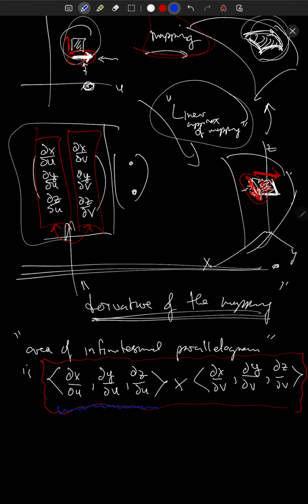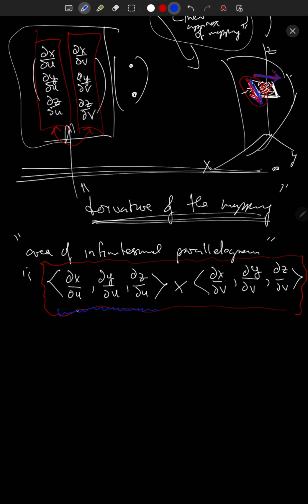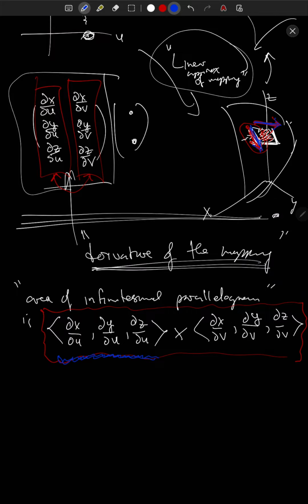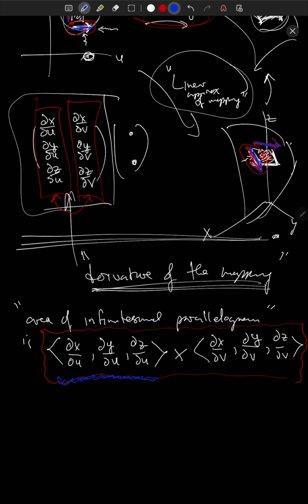What we're doing is pushing a path in the u direction to a path down here in xyz, and the other one is a path in the v direction to a path in x, y, and z. And so this guy here would represent the derivative of that parameterized curve, and this second guy is the derivative of the vertical parameterized curve. Literally, if you calculate it, that's what it is.